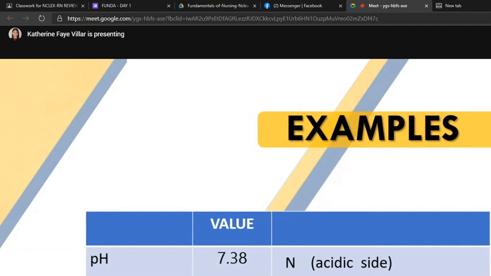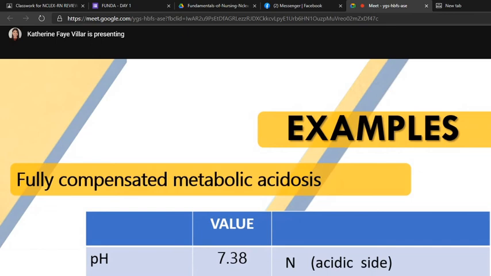Kasi sabi ko nga kanina hanapin mo lagi yung partner ni pH. So in this case, metabolic acidosis. And what is the compensation? Is it full, no compensation, or partial? Full. Okay, full compensation.